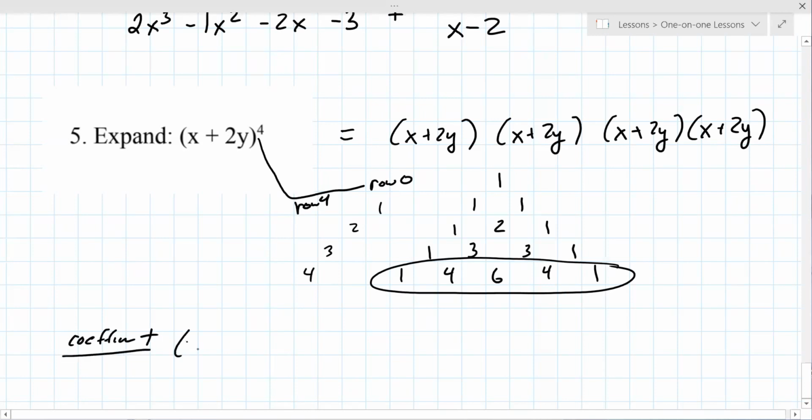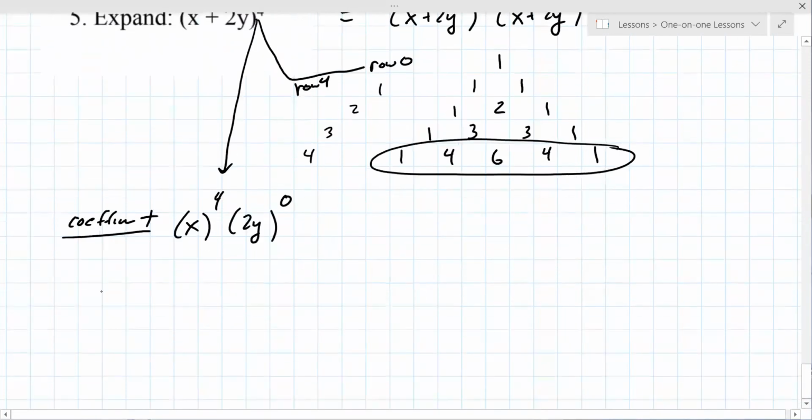And then you take the first thing to the power of 4, the next thing, which is 2y, to the power of 0. And the reason it's 0 is you always start at 0 here. These two exponents always have to add up to 4. So in this case, it's 1 x to the 4th, 2y to the 0.